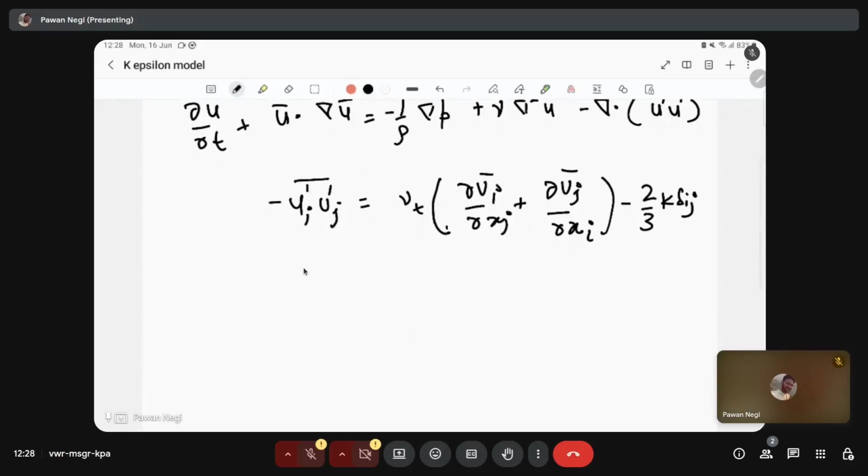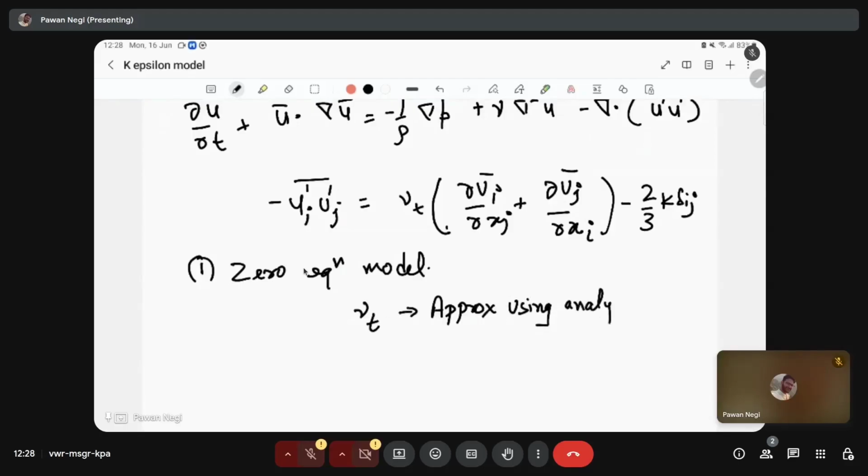Let me revise what we have done so far. In the zero equation model, we approximated nu t using an analytical equation, which is the Prandtl model. We merged this term, which is the turbulent kinetic energy component, into the pressure, and the modified pressure is p bar plus 2 by 3 rho times k.